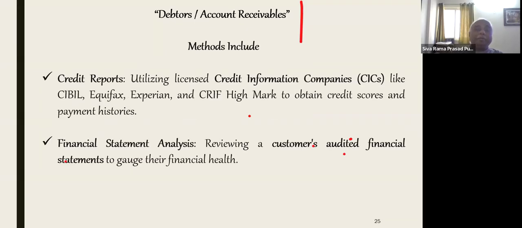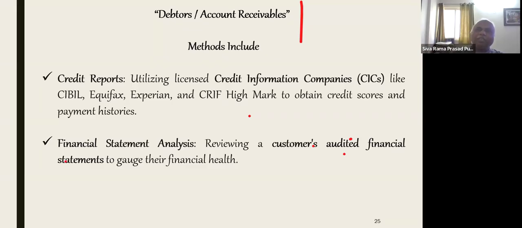Methods include asking for credit reports from credit information companies like CIBIL, Equifax, Experian or CRIF Highmark to obtain credit scores and repayment history. Suppose Star Bazaar, which is Tata, a reputed company everybody knows.